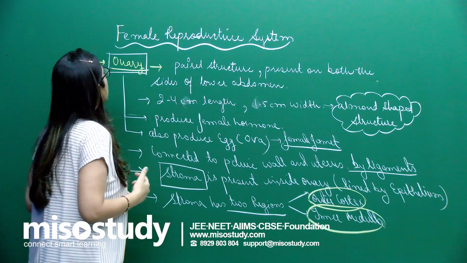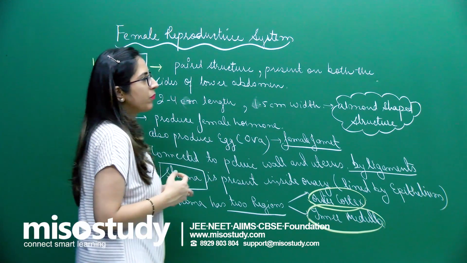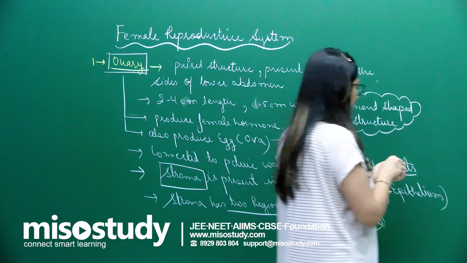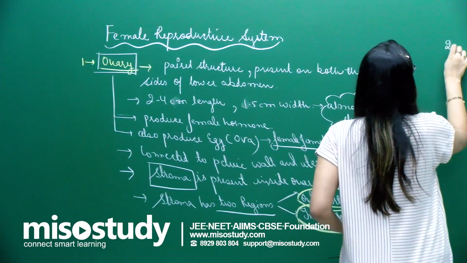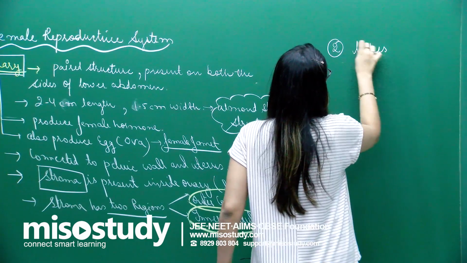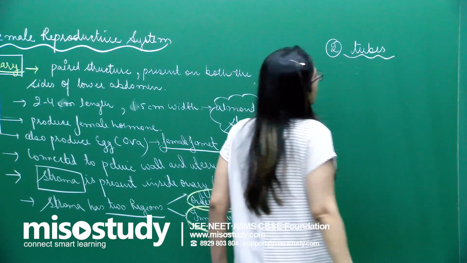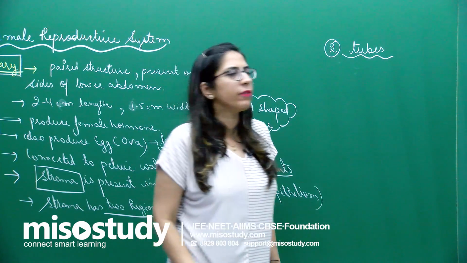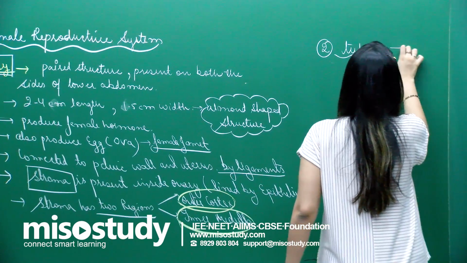So this was the first one, which is called the ovary. Now let's talk about the second, which is called tubes. In this we will be talking about the fallopian tube, which you must have heard of.